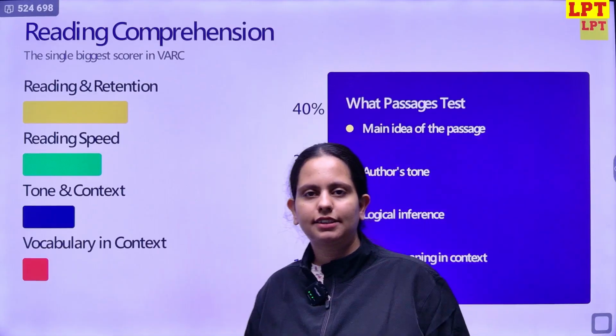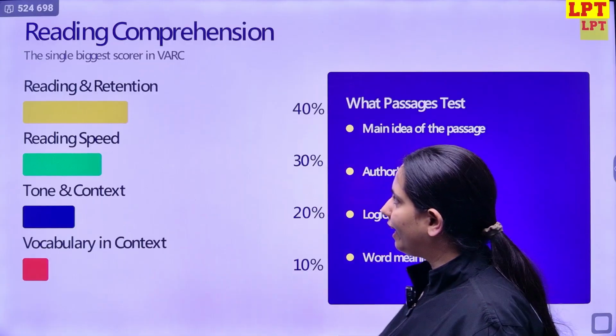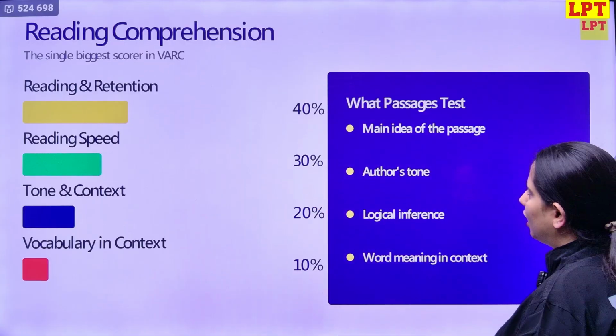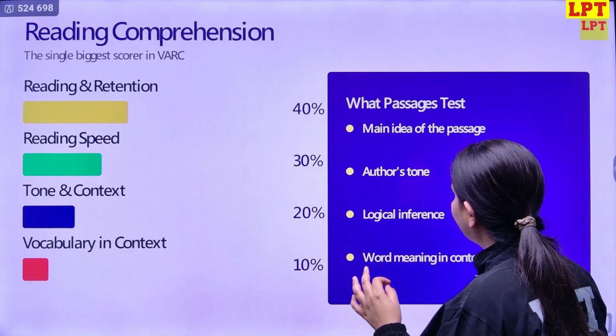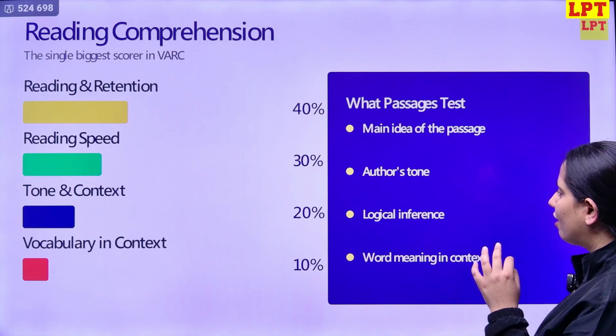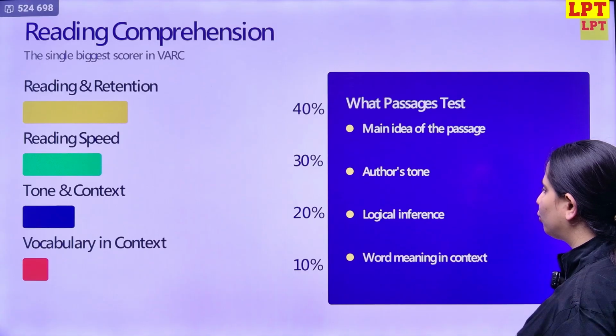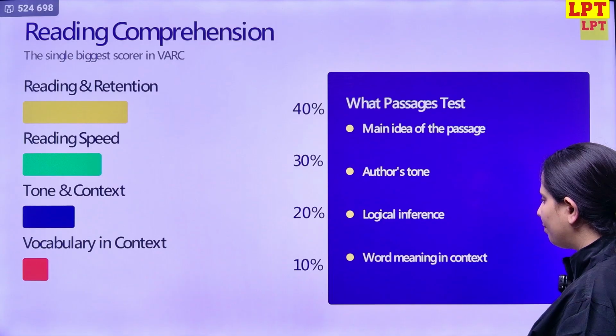Now moving forward, we have reading comprehension. Now let's understand what we have in the reading comprehension section. Here we have questions related to the main idea of the passage. We have the author's tone, and logical inference to the words or sentences used by the author. Next, we have word meaning in context.